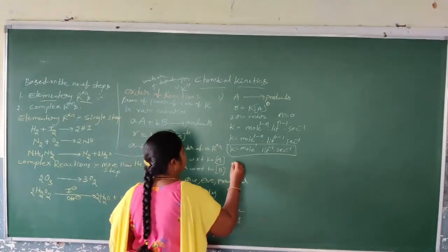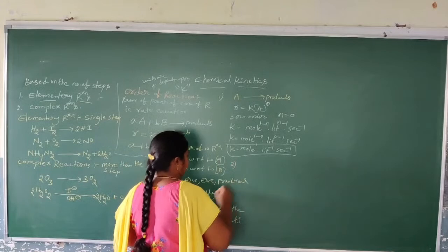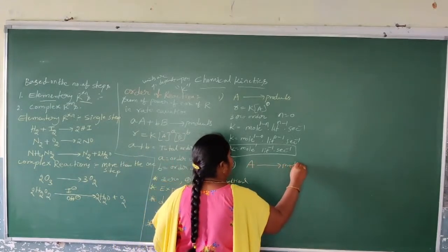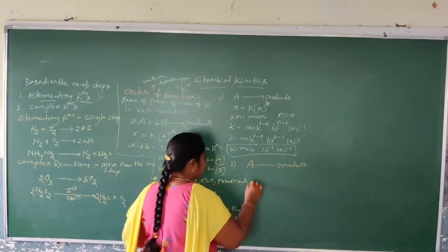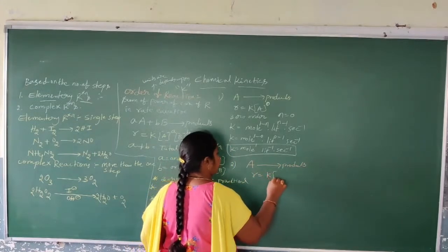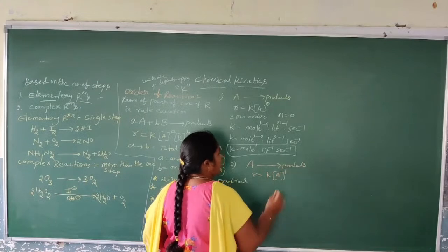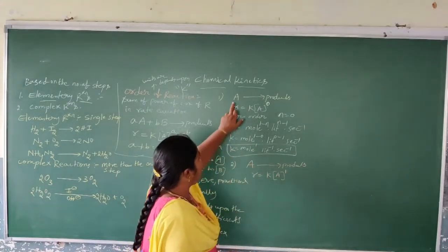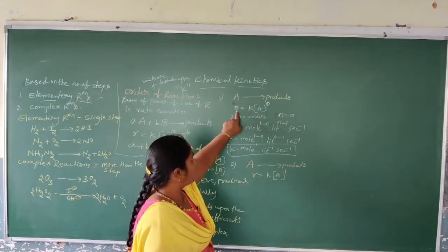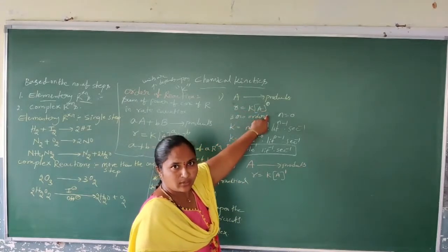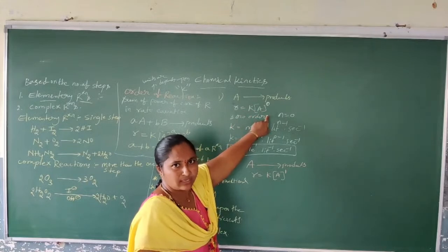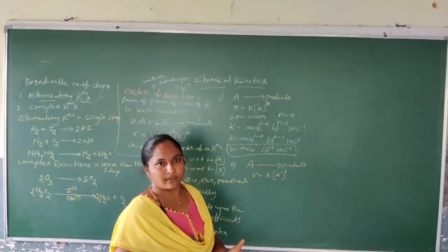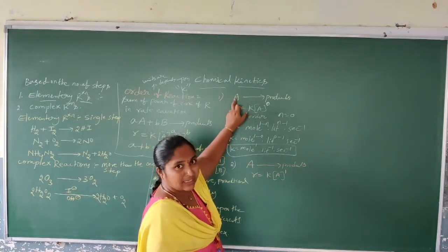The units of order of reaction depend upon the rate constant. The second one I am taking is the first order reaction, that is A gives rise to the products. How can we write the rate? Rate is equal to K into [A] to the power of 1. Why, madam, are you taking 0 here and 1 here? Because in a 0 order reaction, the rate, that means speed, does not depend upon the concentration of the reactant.